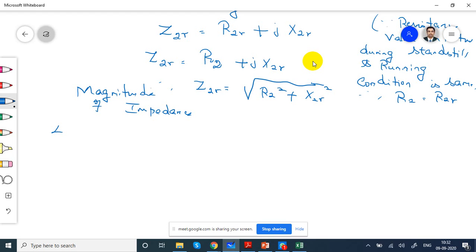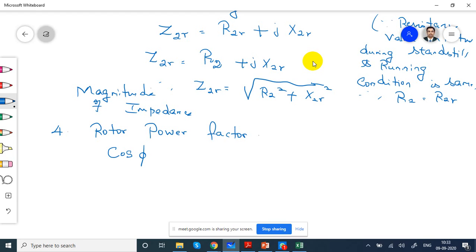Next, fourth one, rotor power factor. We know the notation of power factor, which is cos phi, equal to 1.